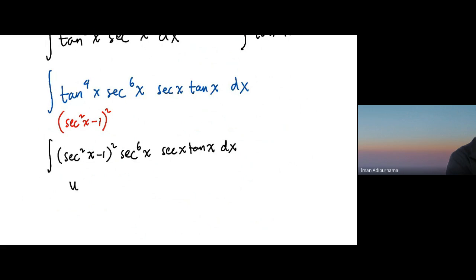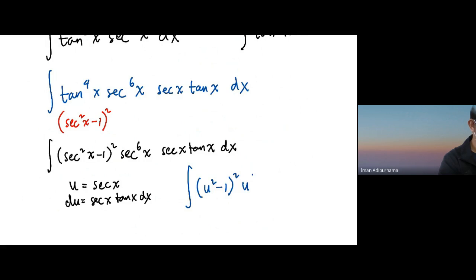Now this becomes using secant so that we can cancel the secant tangent. So du will be secant x tangent x. So we can have the integral of (u squared minus 1) squared u to the 6 du.